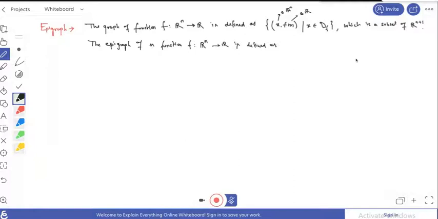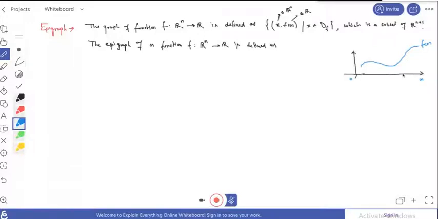So here we take the R2 plane, and your graph is, suppose, corresponding to x here, this is your x and this is your f(x). This function is R to R, so your epigraph has one more dimension than this function. This is one dimension, so your epigraph is of two dimensions.